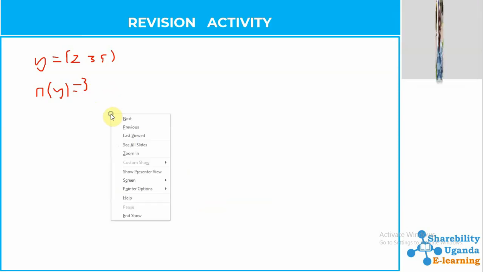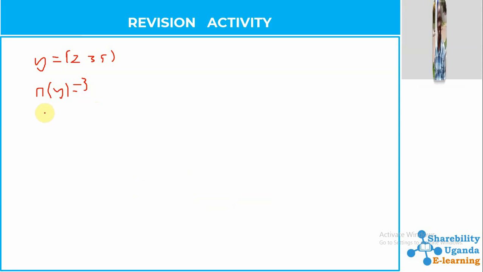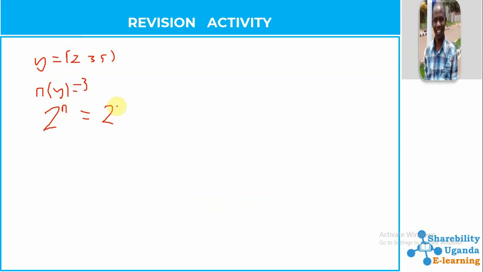So that means we shall be able to use our formula, 2 to the power n is going to be equal to 2 to the power 3.